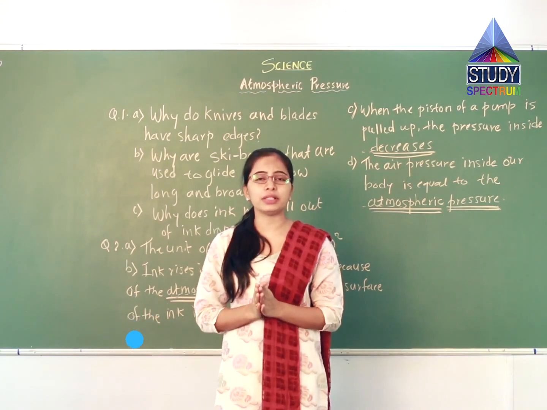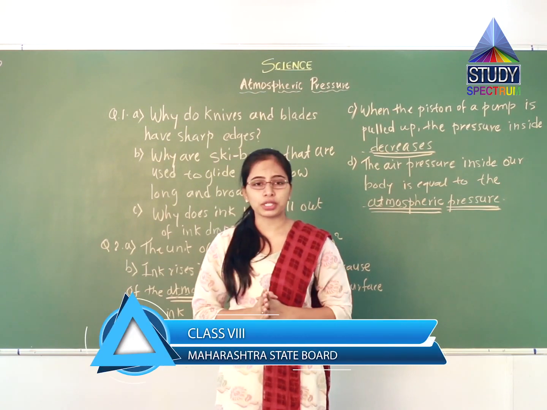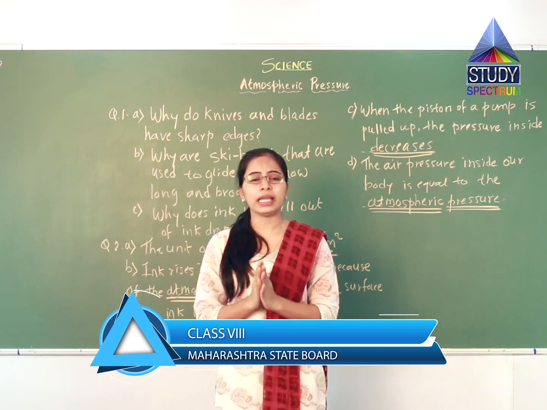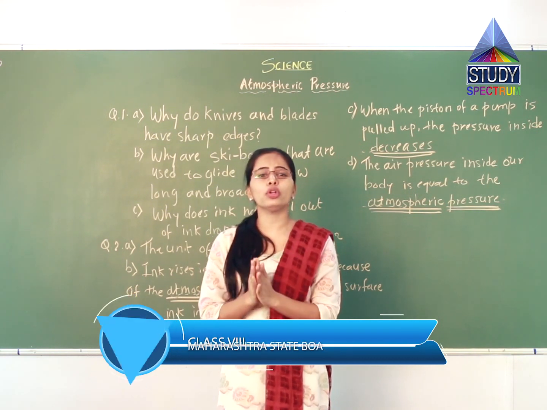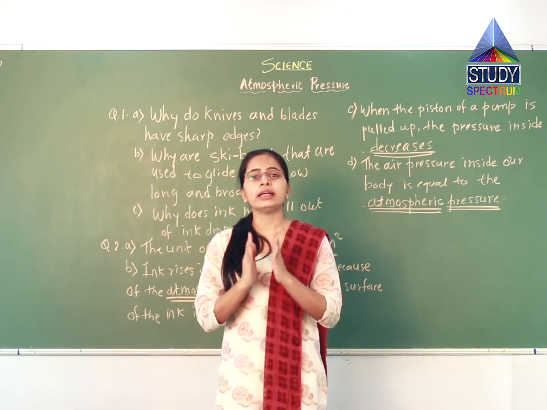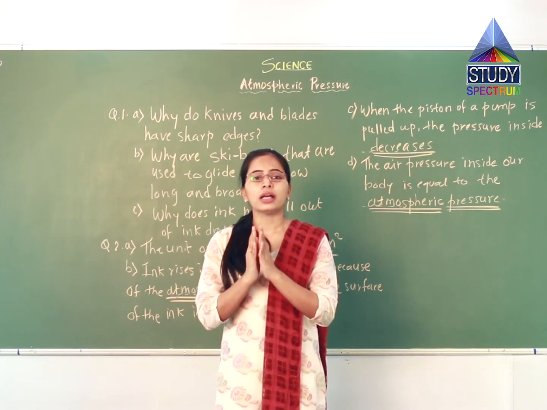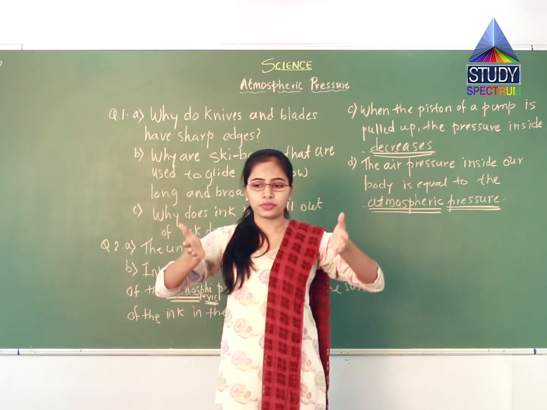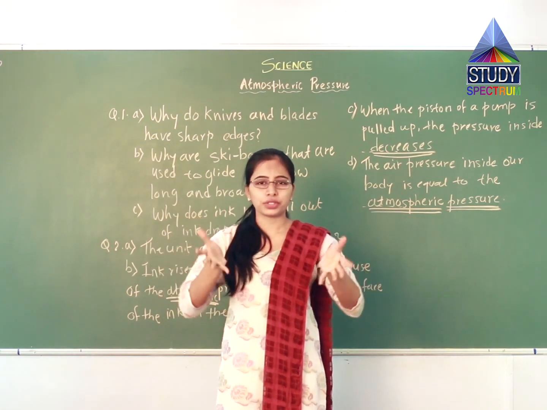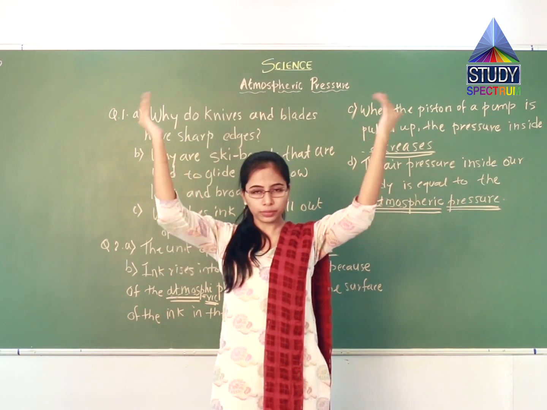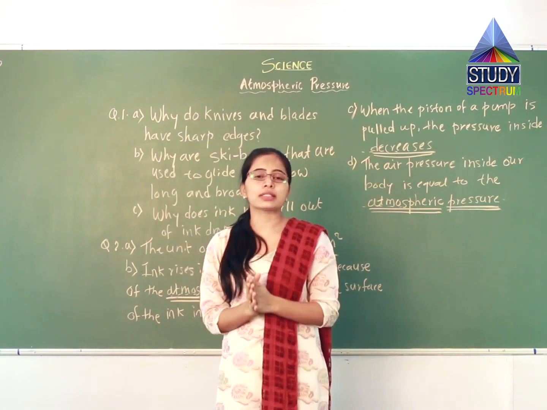This is a simple example. Then the next question is, why do porters place the load they have to carry on a roll of cloth rather than directly on their head? You must have seen that porters who carry large weights place them on a rolled cloth. So here is the answer.